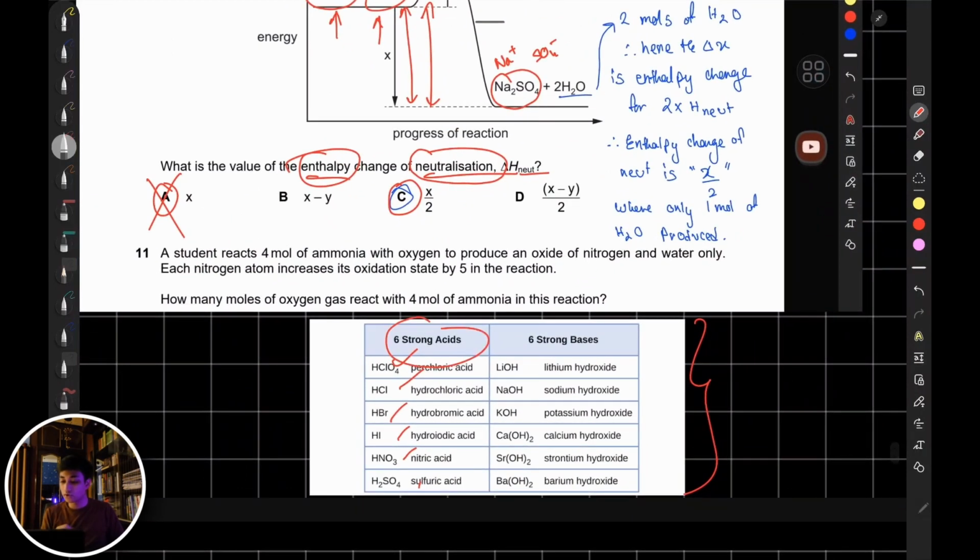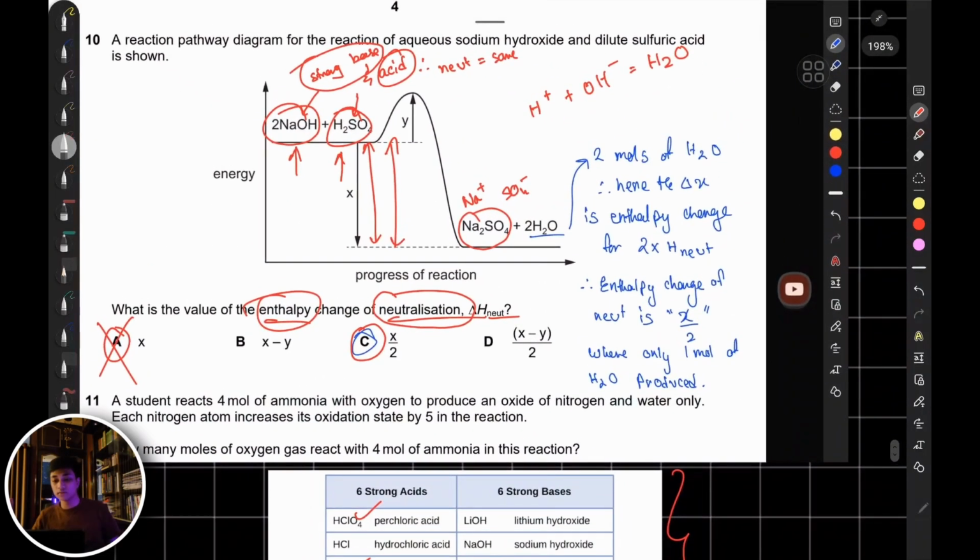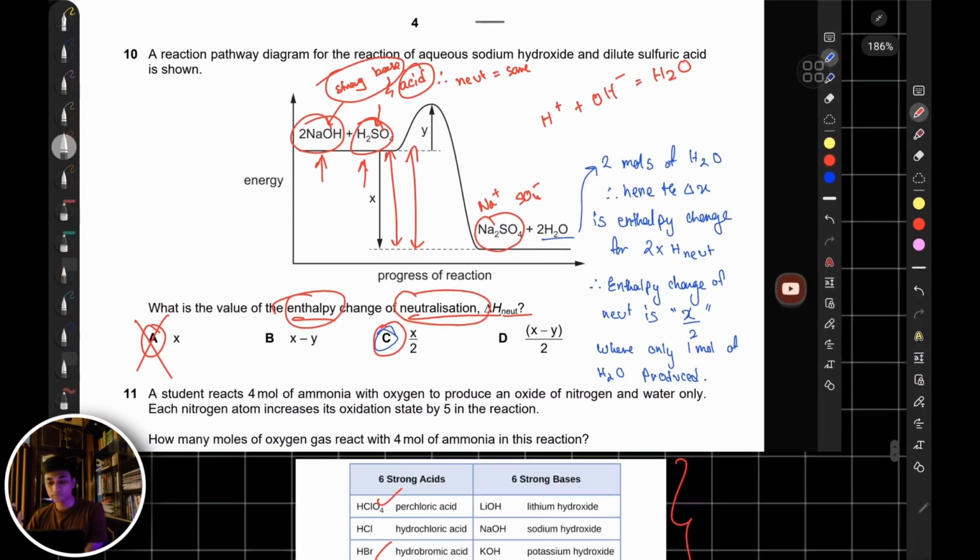If they are strong acids or strong bases, the enthalpy change of neutralization will be the same, regardless of the reactant within these. Why? Because they're soluble and they're very reactive, which is why the main enthalpy change is actually coming from the bond forming for the water molecule only.